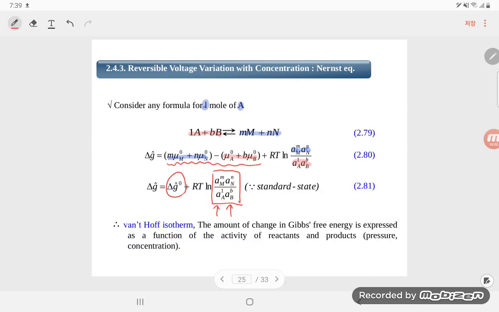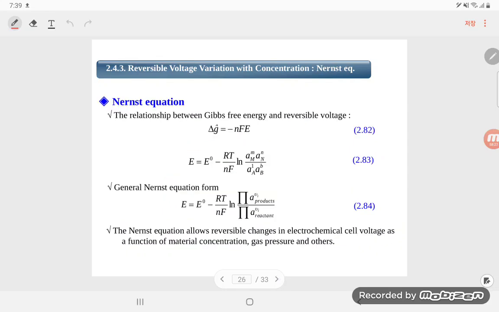This is not a standard condition, okay? So following the van't Hoff isotherm, the change in Gibbs free energy is expressed as a function of the activity of reactant and product, like the pressure and concentration. So this is the Nernst equation.